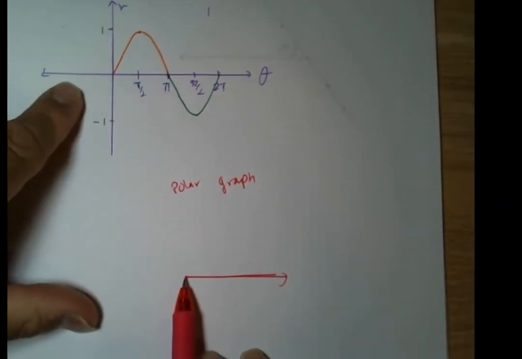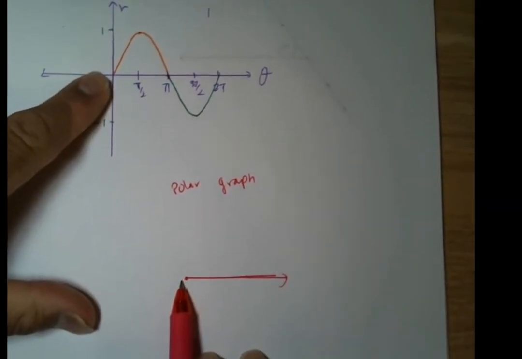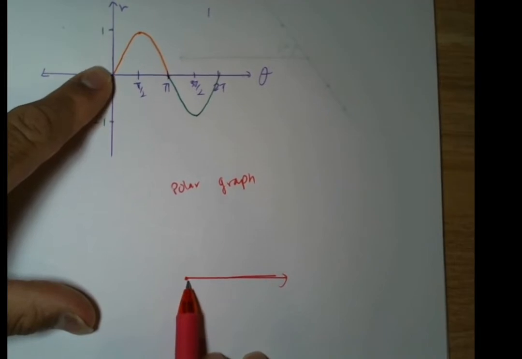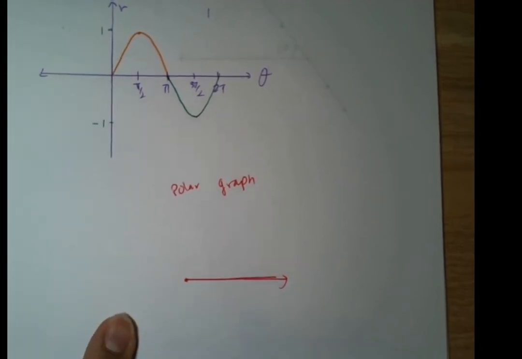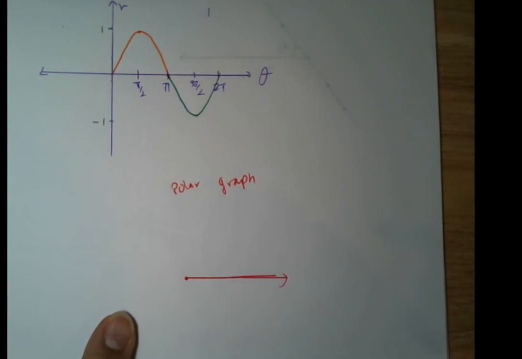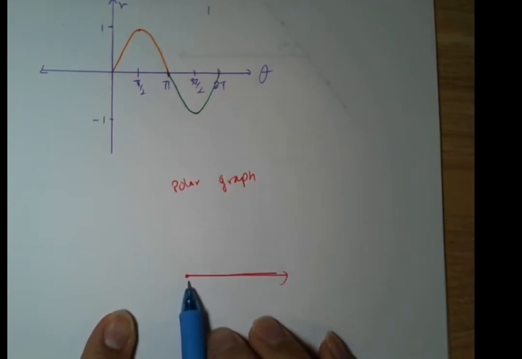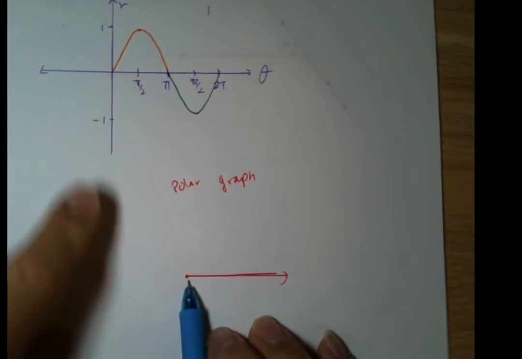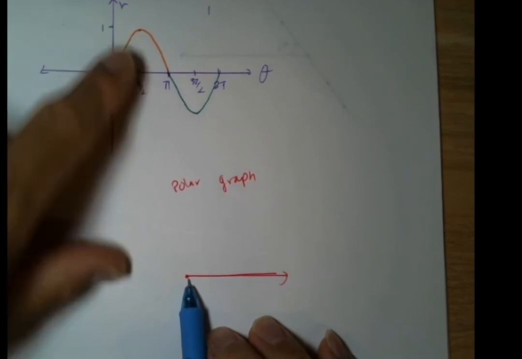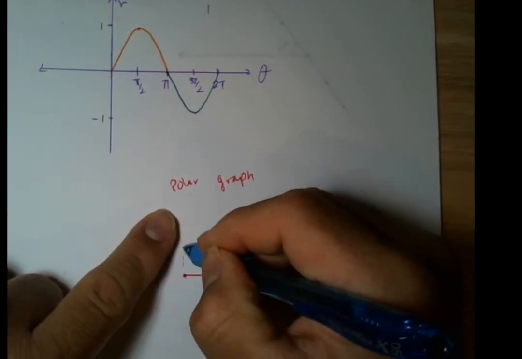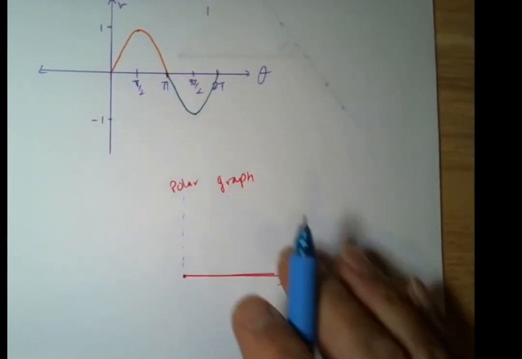So again, as theta increases from 0 to pi over 2, our value of r also increases, from 0 all the way up to 1 at pi over 2, again pi over 2 being 90 degrees.